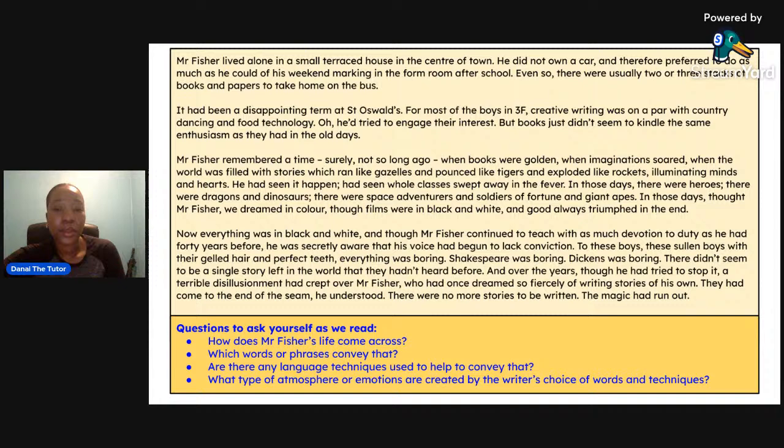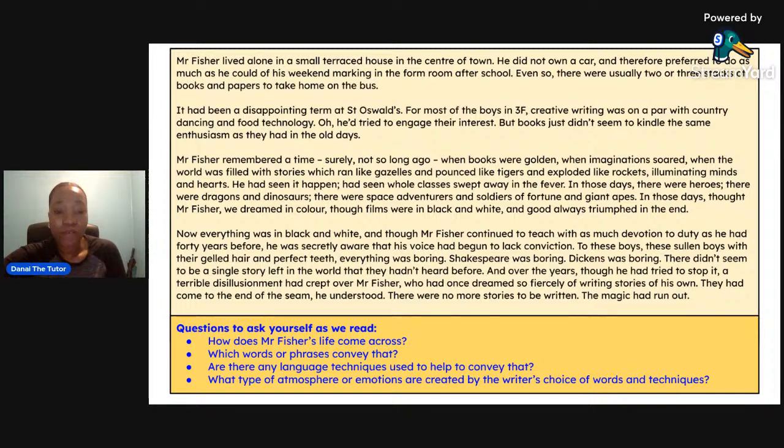He had seen it happen, had seen whole classes swept away in the fever. In those days, there were heroes, there were dragons and dinosaurs, there were space adventurers and soldiers of fortune and giant apes. In those days, thought Mr. Fisher, we dreamed in color, though films were in black and white, and good always triumphed in the end.